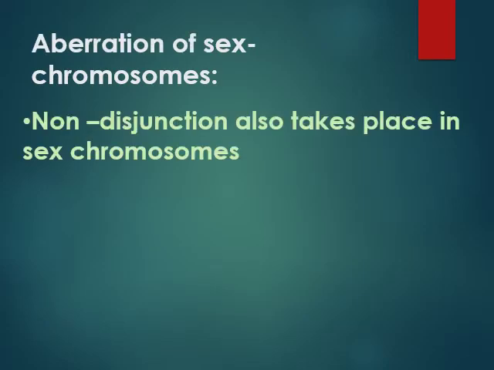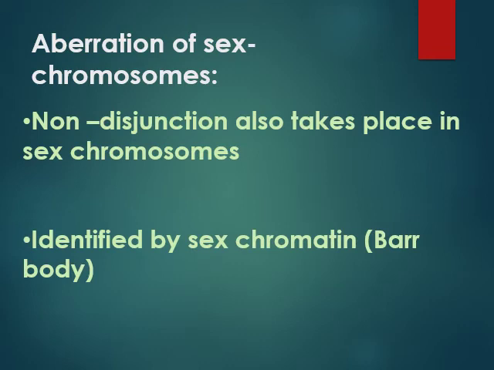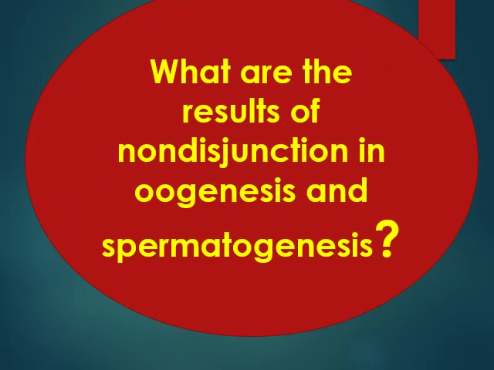Non-disjunction also takes place in the sex chromosomes as in autosomes. Non-disjunction in sex chromosomes can be identified by the sex chromatin, or bar body, using the equation n X minus 1. What are the results of non-disjunction in oogenesis and spermatogenesis?